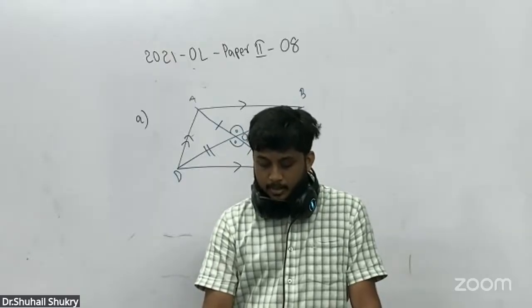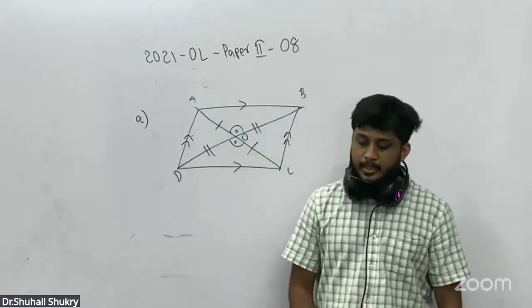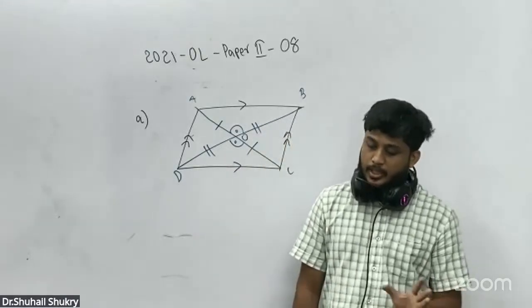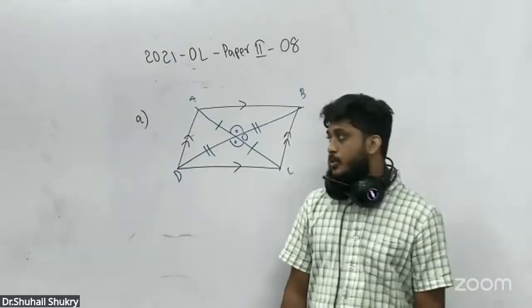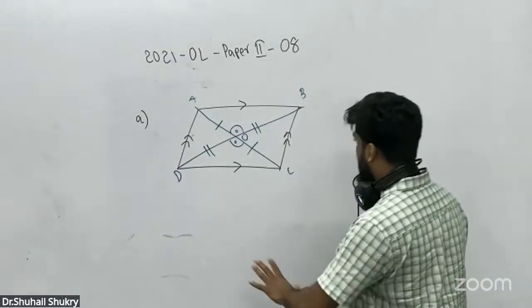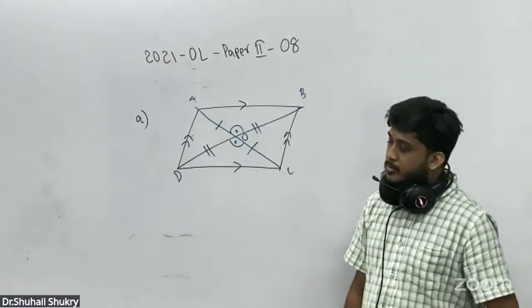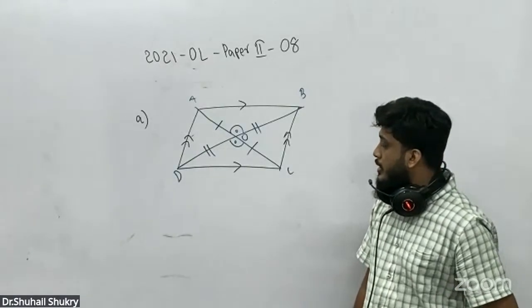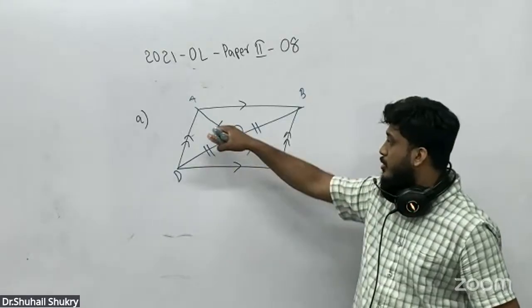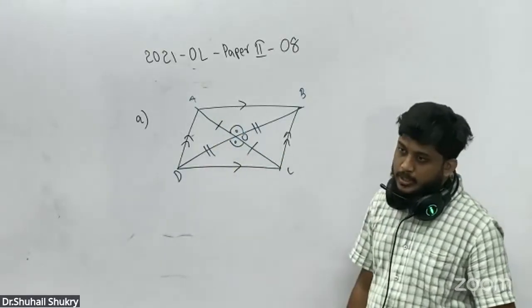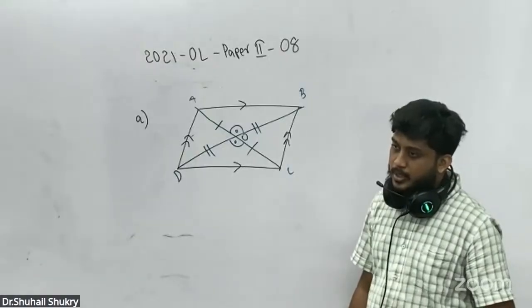So, if you draw two diagonals, you can prove it like that. But say a student wants to draw only one diagonal, how can they prove it?